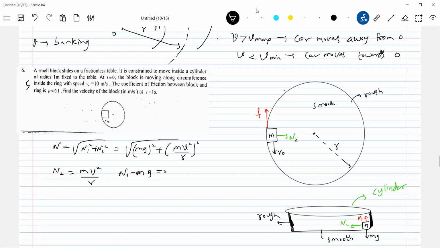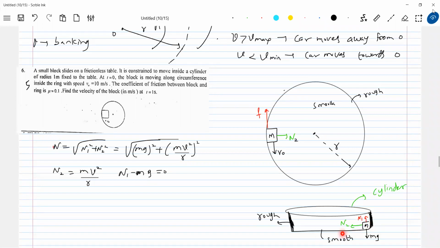The N2 will provide the required centripetal force. Tell me, what shall I write? F, shall I write mu N? F should be only mu N2, nowhere related to N1, because the friction is there between what? Between the vertical wall and the block, no?